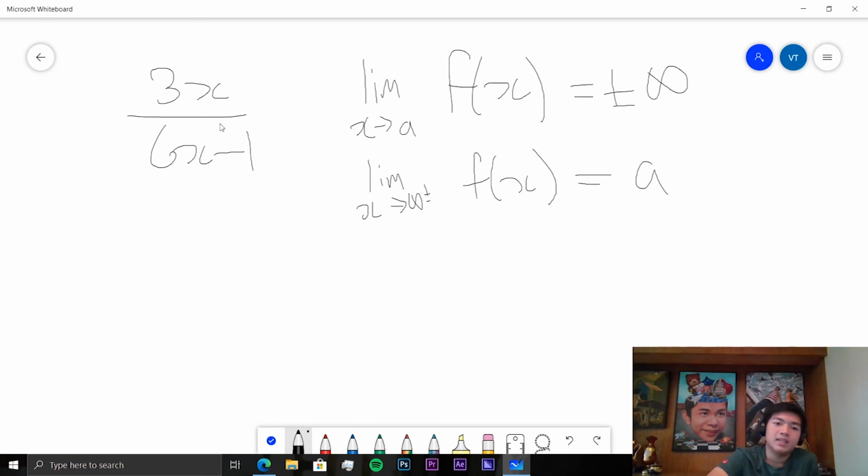So for this function, for what values of a will f of x tend to plus or minus infinity? It will be when this denominator tends to 0. Let's divide both the top and the bottom by x. So we get 3 over 6 minus 1 over x.